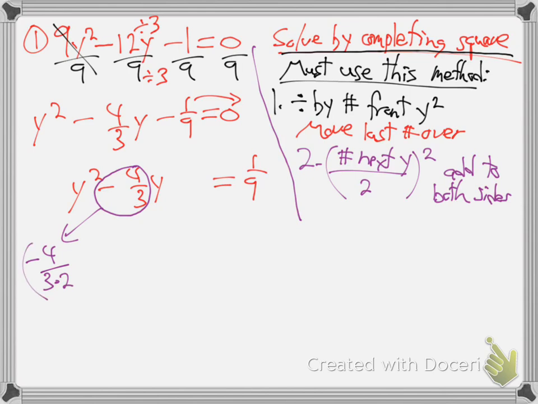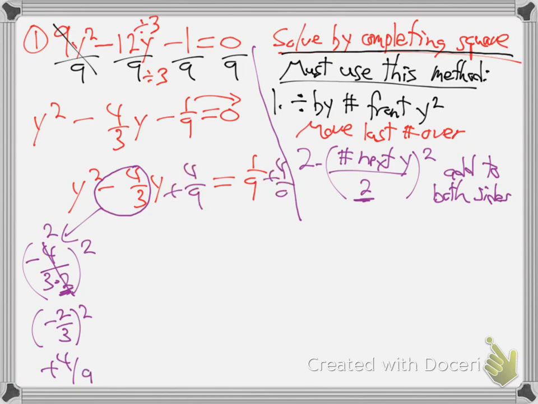You multiply by 2 in the denominator, squared. I took the fraction and put a 2 in the denominator. That's the same thing as dividing by 2. 2 goes into 4 2 times. It's minus 2/3 squared, which is positive 4/9. That's the completing number. You need to add 4/9.